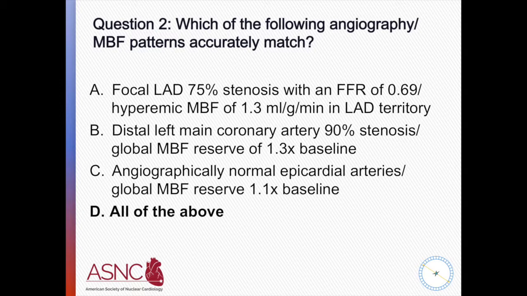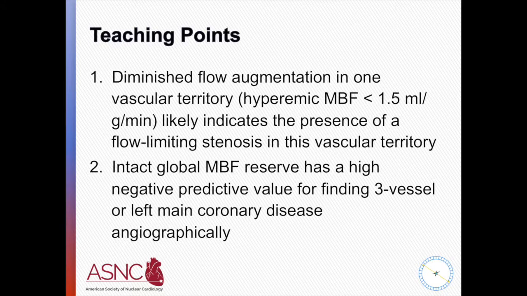Do you want to walk us through the teaching points here, please? To summarize, diminished flow augmentation in one vascular territory, defined as a hyperemic myocardial blood flow of less than 1.5 ml per gram per minute, likely indicates the presence of a flow-limiting stenosis in that vascular territory.